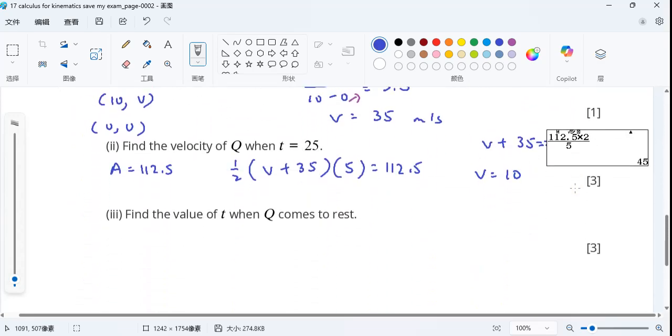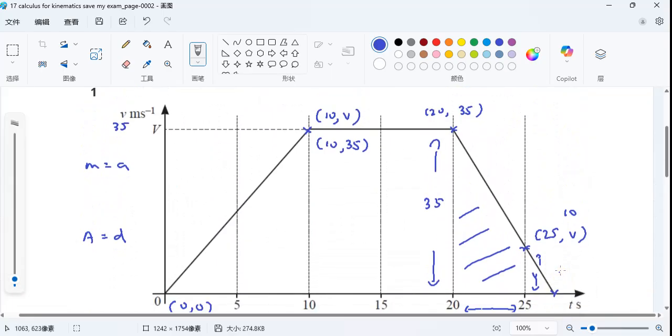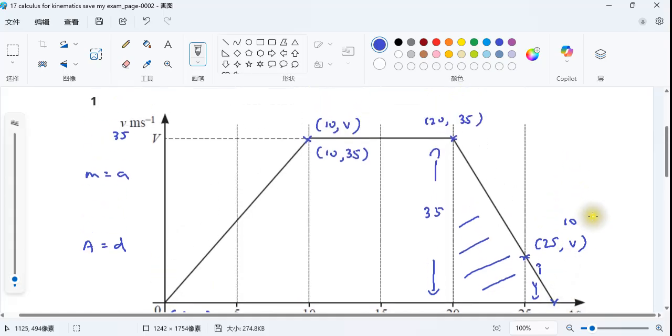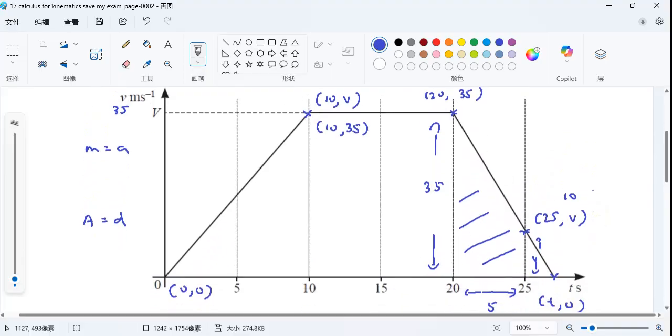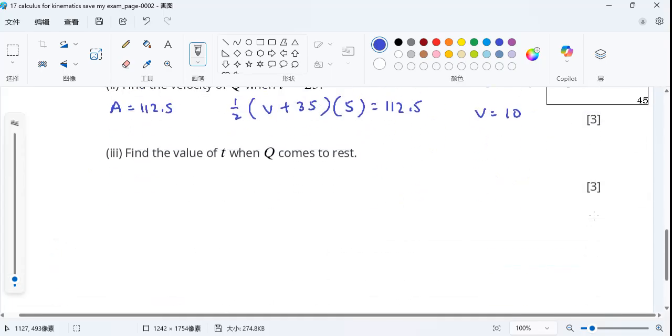Find the value of t when Q comes to rest. So we have t, 0. Their gradient will be the same. So we have 20, 35, 25, 10, and t, 0, their gradients are the same.